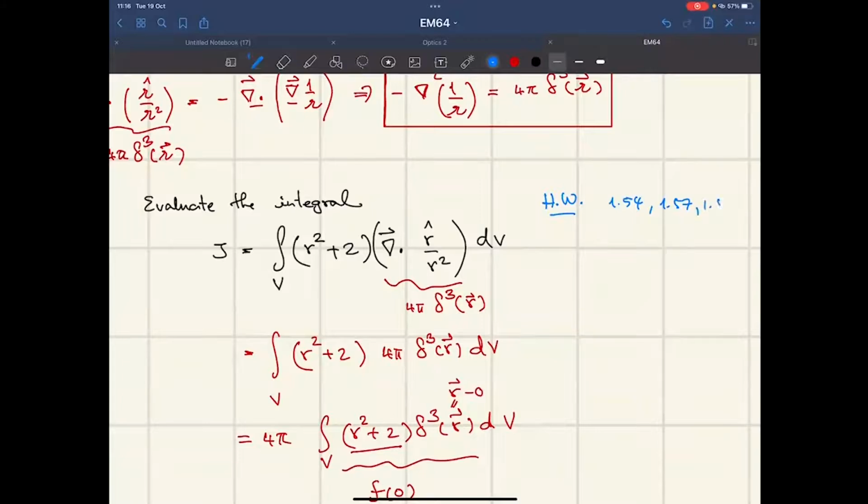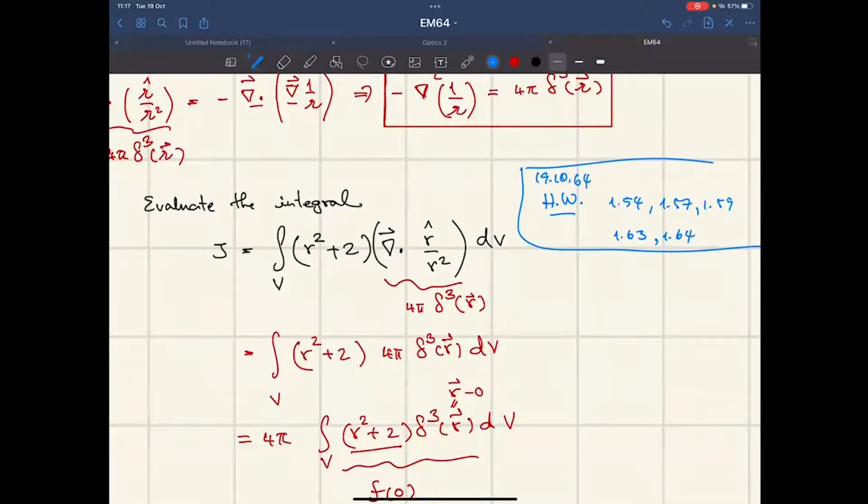And 1.59, 1.63, and 1.64. This is your final homework for this chapter. Any questions?